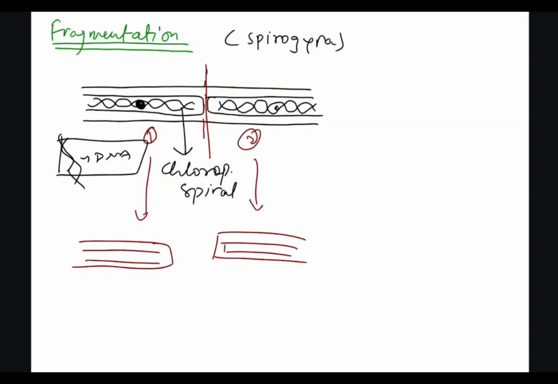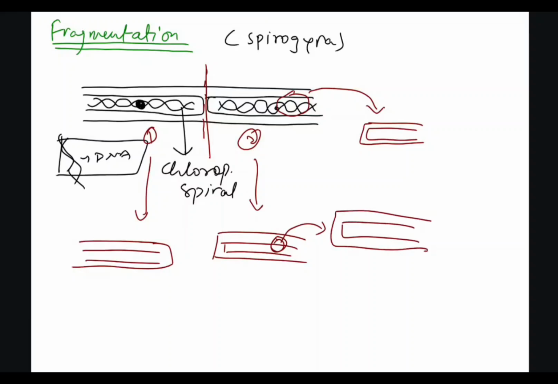What happens here is that a small chunk from it may fall out, and even if a small chunk falls out, it will grow into a full organism. So now we have 2 from 1. And even if there is equal division, or the fragment falls off from the equal part, a small portion from it may fall down, and it will grow into a full organism.